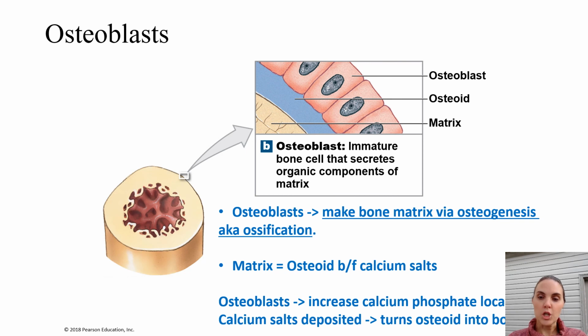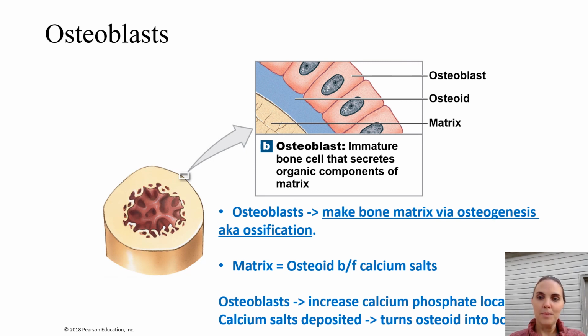Next, we have our osteoblasts. So remember, those osteogenic cells help make osteoblasts. These osteoblasts are immature cells, and they produce new bone matrix in a process called osteogenesis, or ossification.